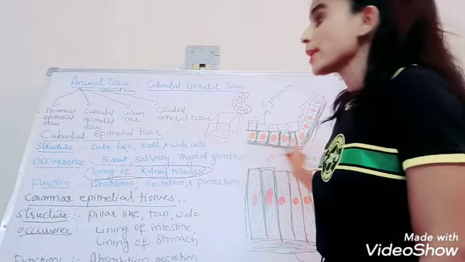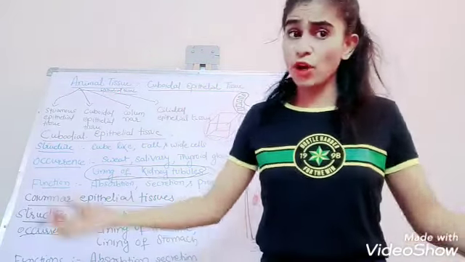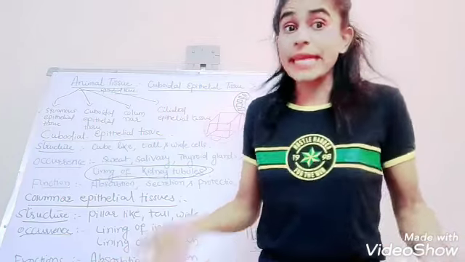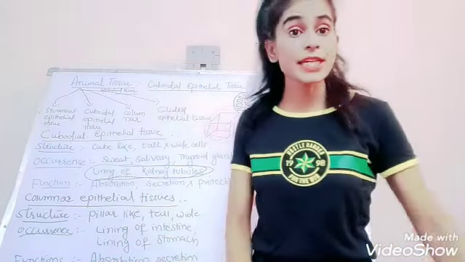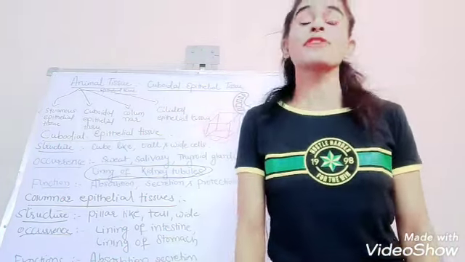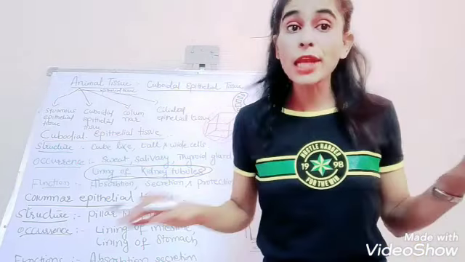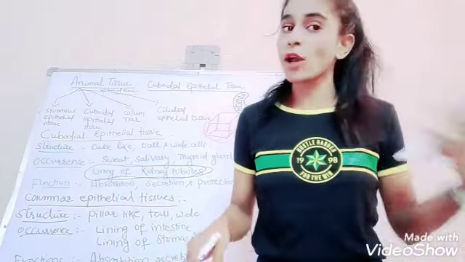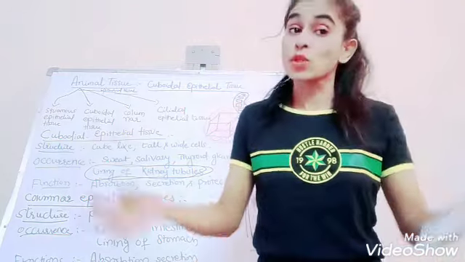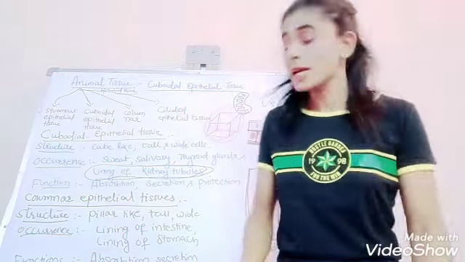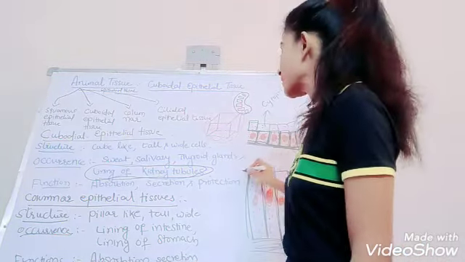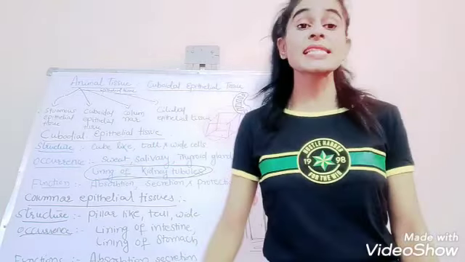And where are they found? Now comes the occurrence. Where is this columnar epithelial tissue found? In the lining of the intestine. And you all know the intestine is of two types, small intestine and large intestine. They are internally lined by this columnar epithelial tissue, as well as the stomach.